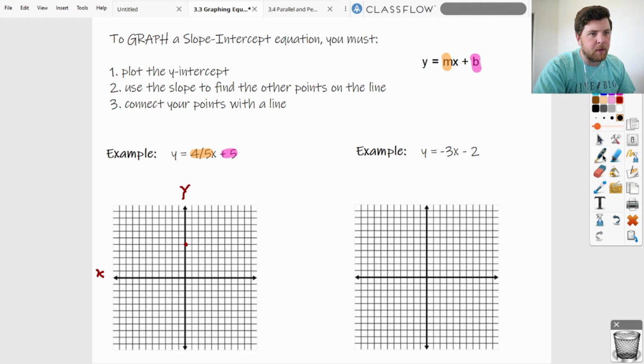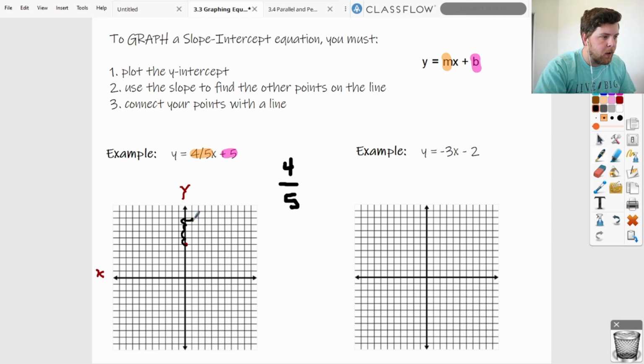And then I use my slope, which is 4/5. And you remember from our earlier lesson, slope is just rise over run. So from this point, I'm going to go up 4, because that's my top. So up 1, 2, 3, 4, and then over 5.